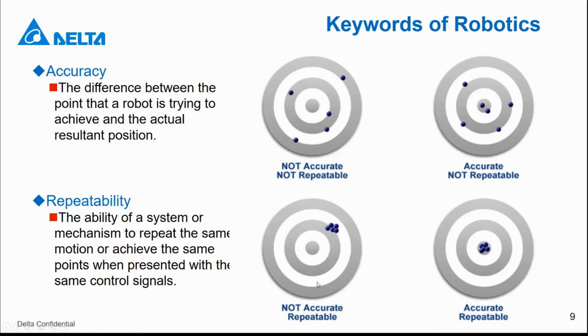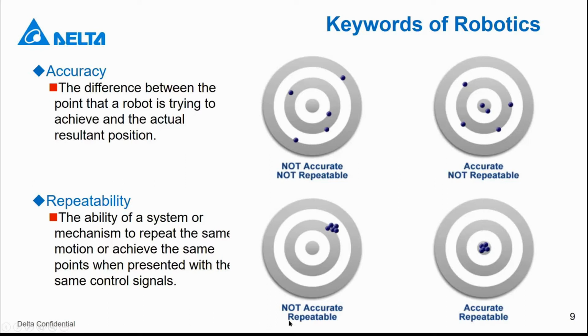Let's see the next picture, the third one. You can see all the dots are on the same point. They are not random, but these points are still not on the target. So we will say this robot is not accurate because it cannot reach the target well, but all the dots stay at the same point.